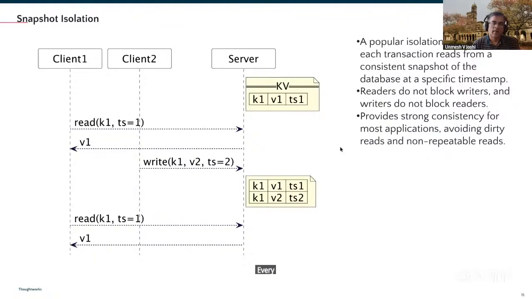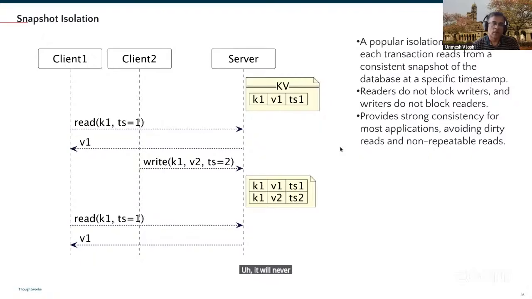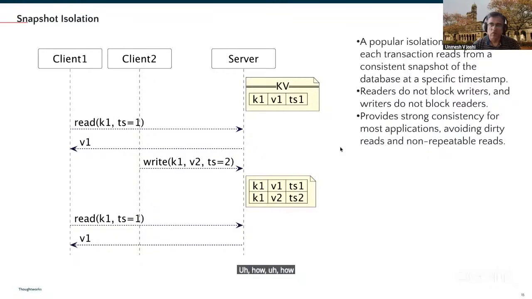Every read that this client does will always happen at timestamp 1. So even if there is a concurrent transaction by client 2, which is writing at timestamp 2, it will never conflict with the read transaction of client 1. So this is very simplistically how snapshot isolation looks like.